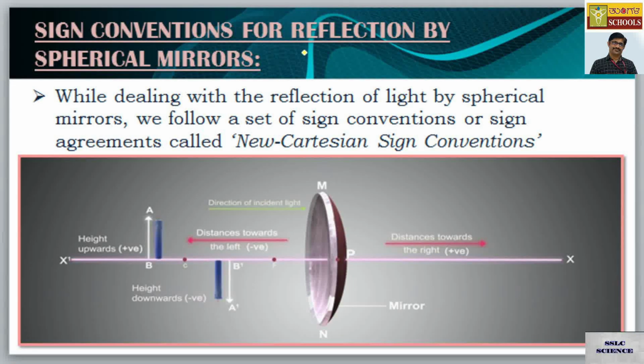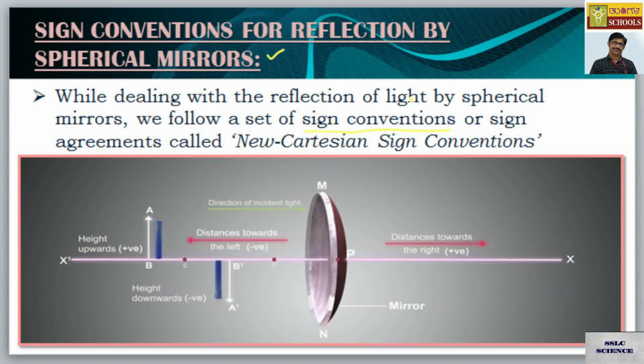First one, sign conventions for reflection by spherical mirrors. While dealing with the reflection of light by spherical mirrors, we follow a set of sign conventions, or sign agreements, called the new Cartesian sign conventions.